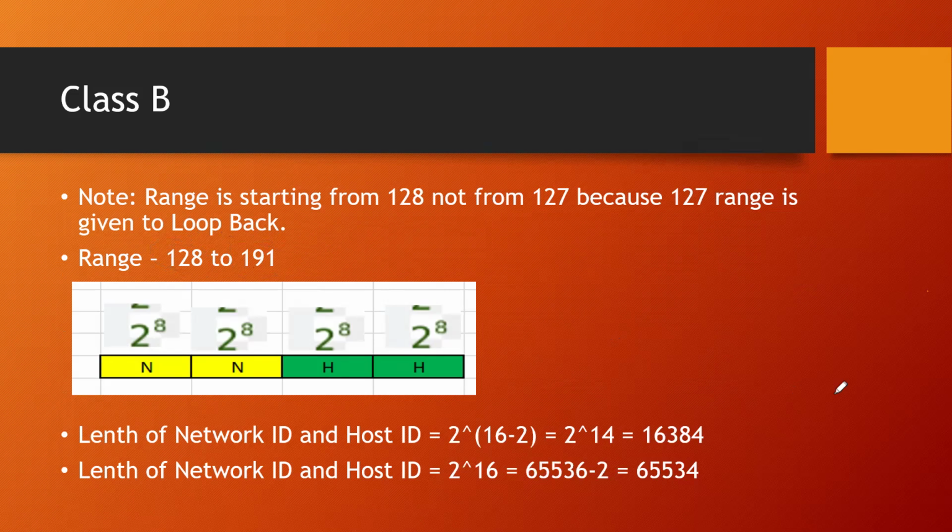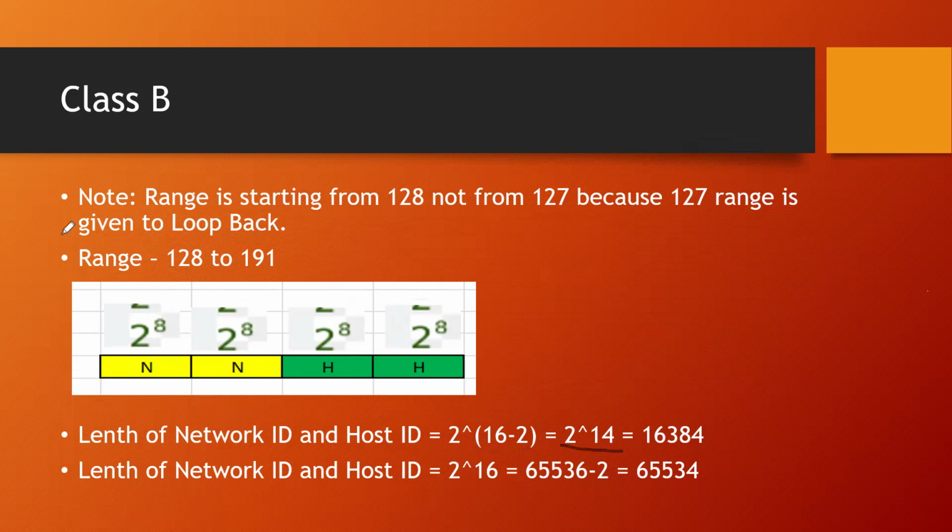For the network it becomes 2 to the power 16, since 8 plus 8 is 16, and the host is also 2 to the power 16. But in the network ID, the first 2 bits are given for deciding which class, so we subtract 2 and it becomes 2 to the power 14.